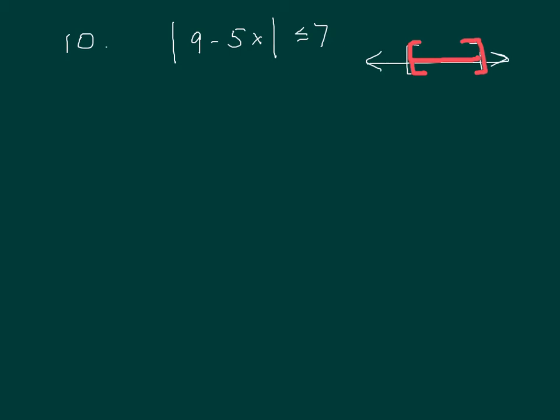Your answer was negative infinity to infinity. Yes, and again you used brackets, so here was your answer. And you should have used parentheses. Always use parentheses with infinities, but that isn't why you got it incorrect.